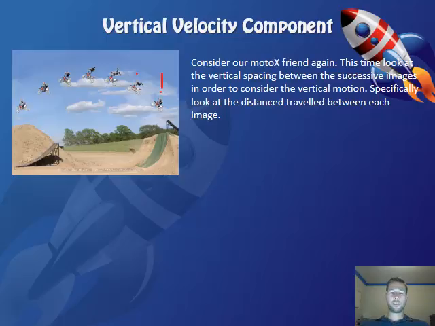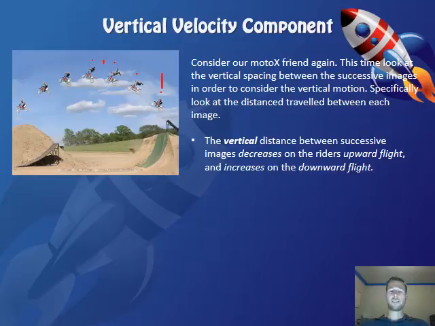Whereas if we look at points 3 and 4, the distance of displacement is very small compared to what it was originally. So as the rider leaves the ramp and travels to its peak, the distance between successive images decreases. As the rider comes down from its highest point, the distance between successive images increases.